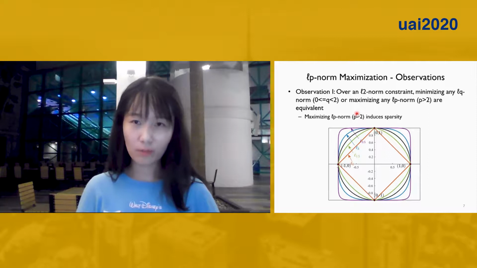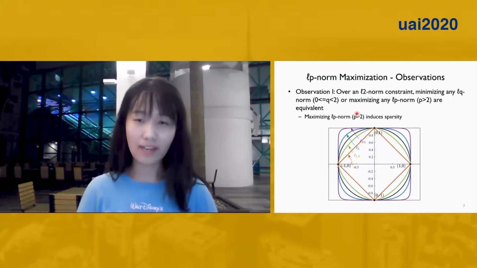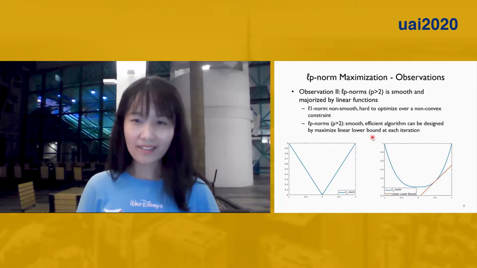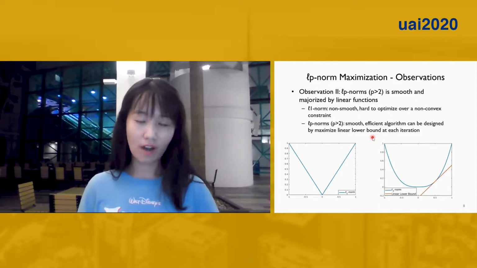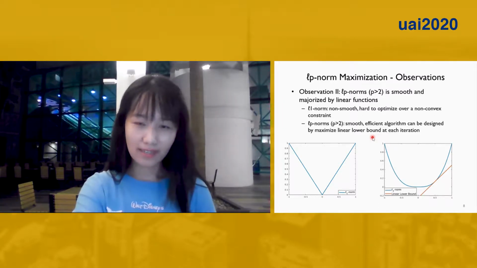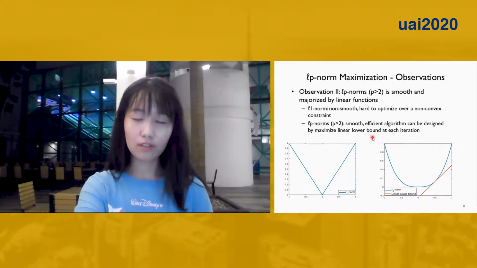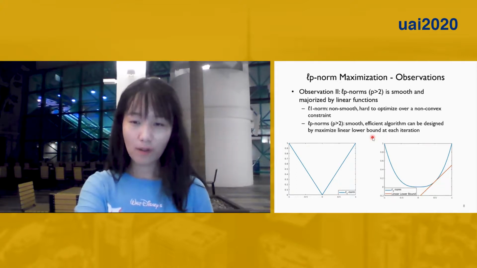Therefore, in this work, we're going to choose maximizing Lp norm with p larger than 2, because in this case, the objective function is smooth, which will accelerate the convergence of the algorithm. And more importantly, as can be shown in this figure, each time when we're trying to maximize this objective function, we can transform it into maximizing its tight lower bound, which is a very simple linear function.